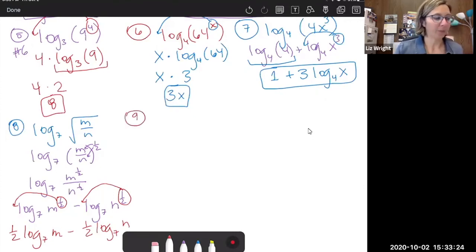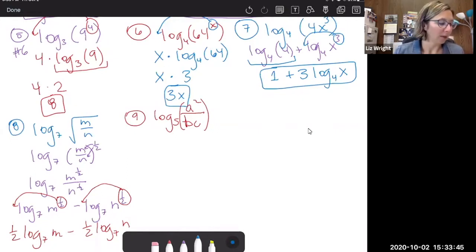Number 9. We have got log base 5 of a squared over bc. That's all going to be in parentheses. That's all part of our argument. So log base 5 of a squared all over bc. So you should pause the video and try this one and see if you can do this one on your own, and then check.